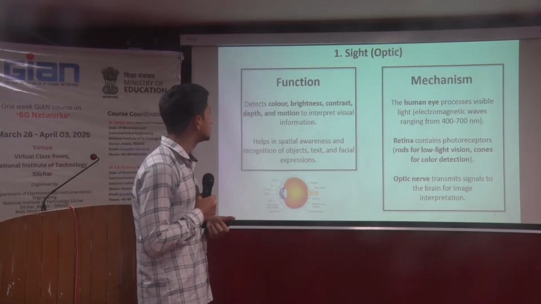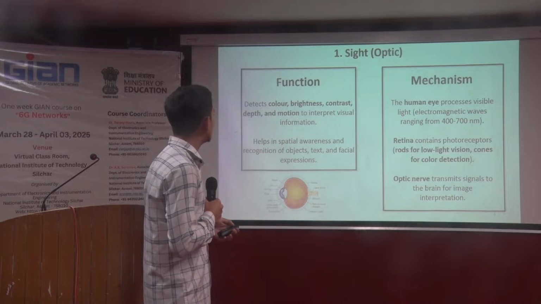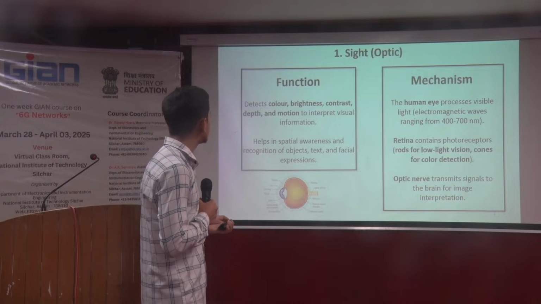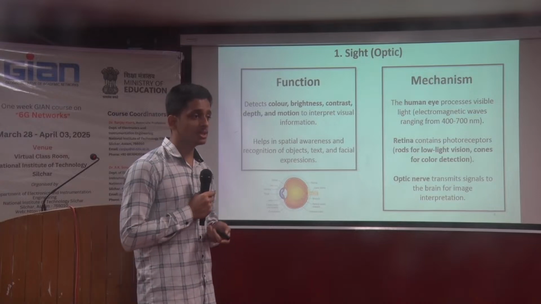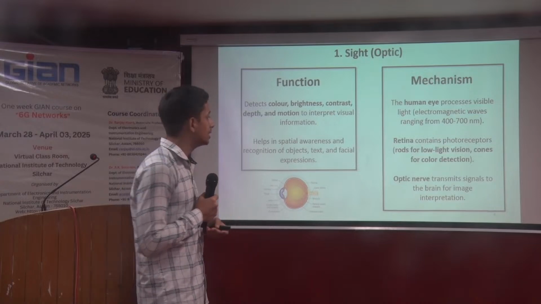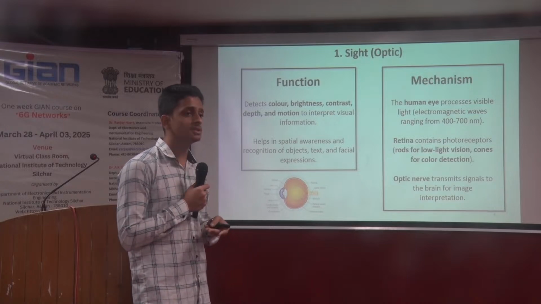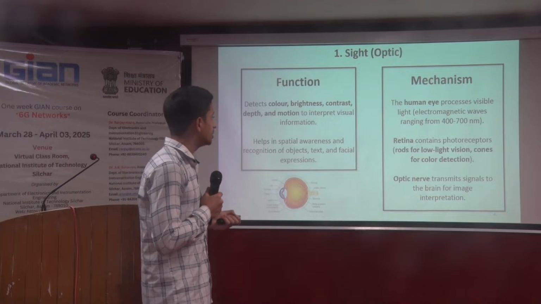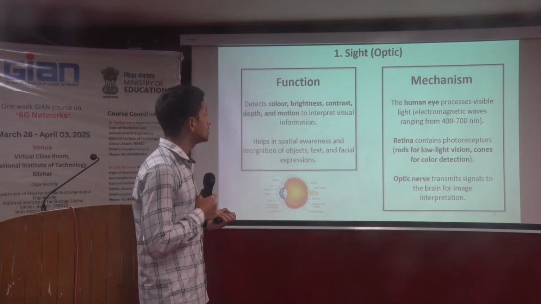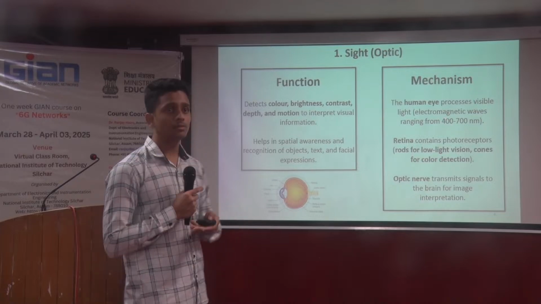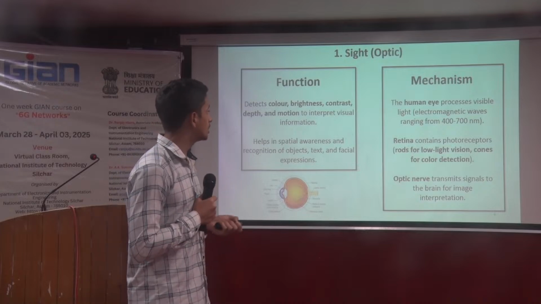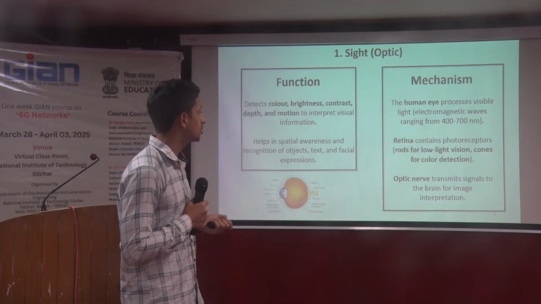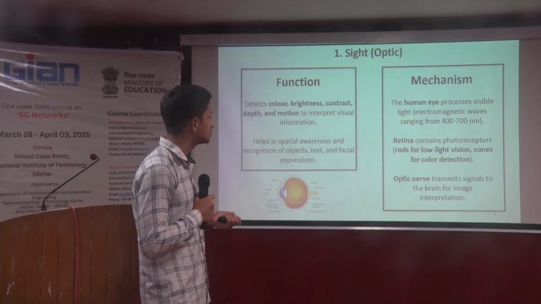I start with sight, which is optics, whose basic functions include color, brightness, contrast, depth, and motion. It is basically what we see, and how we can store what we see through communication. The human eye processes electromagnetic waves ranging from 400 nanometers to 700 nanometers. The retina contains photoreceptors: rods for low light vision and cones for detection.